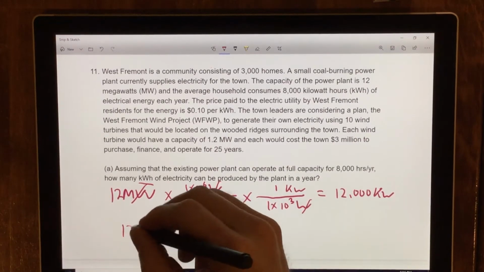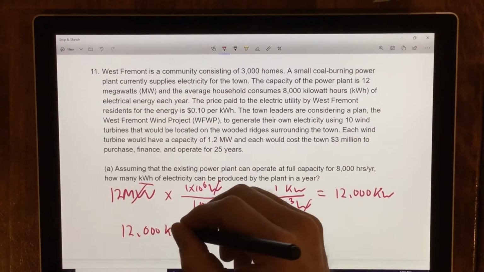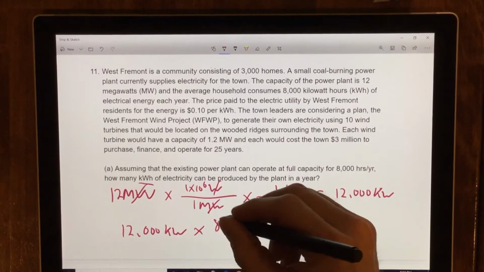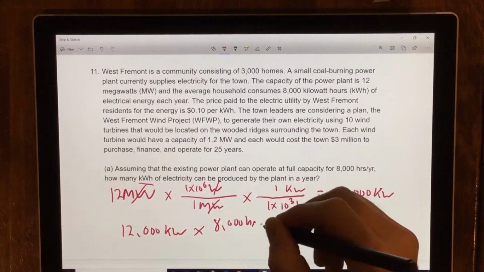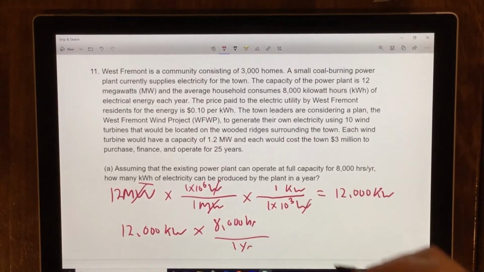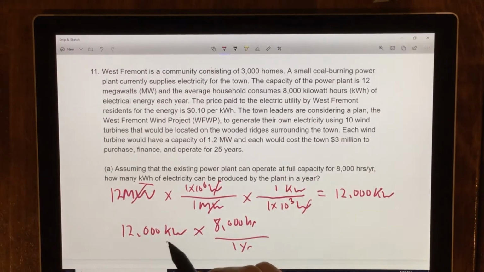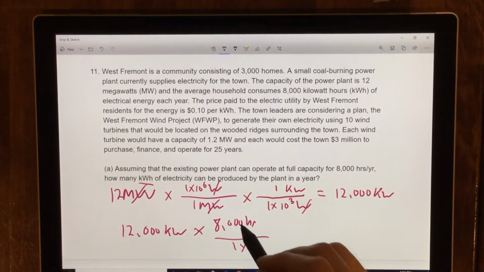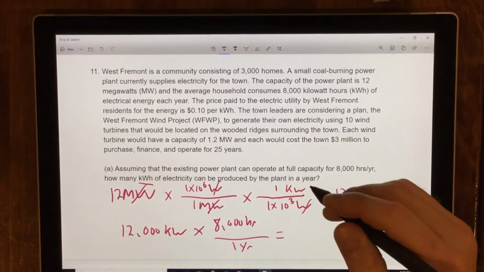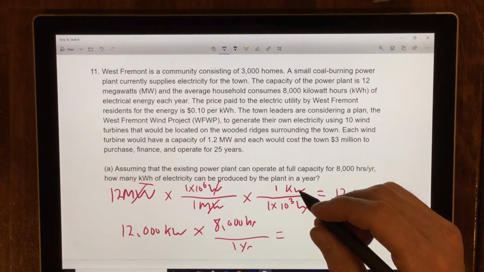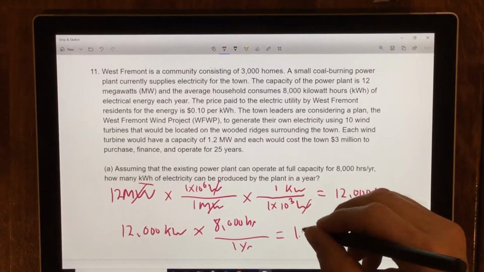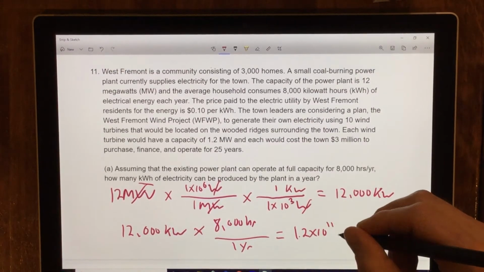So now we take 12,000 kilowatts times 8,000 hours it's running for 1 year. So if it's running at full capacity for 1 year, which they're telling us is 8,000 hours, 8,000 times 12,000 is 1.2 times 10 to the 11th.